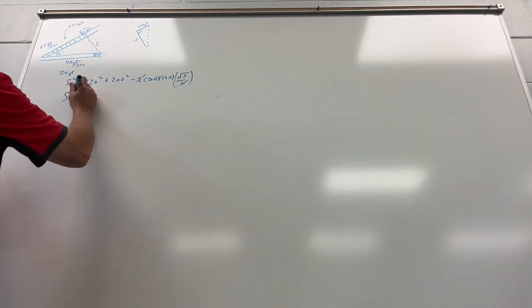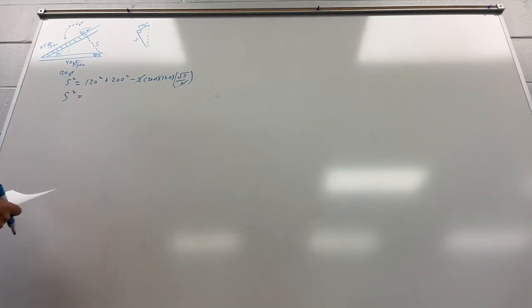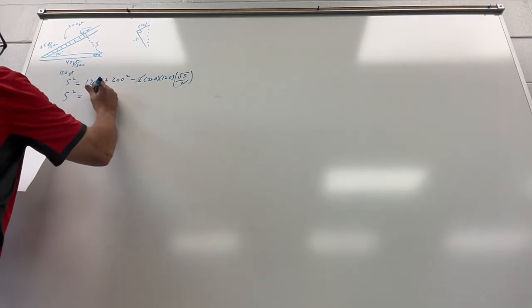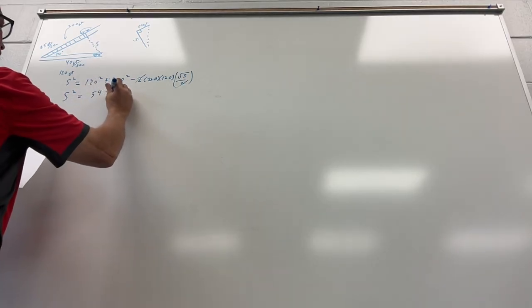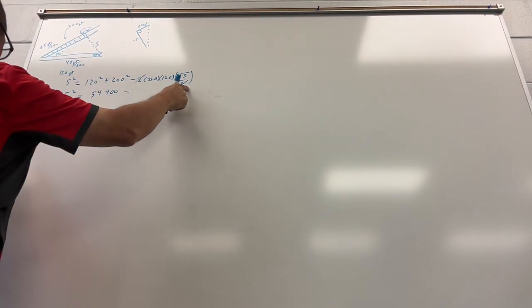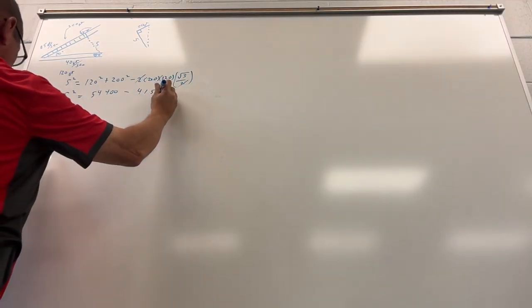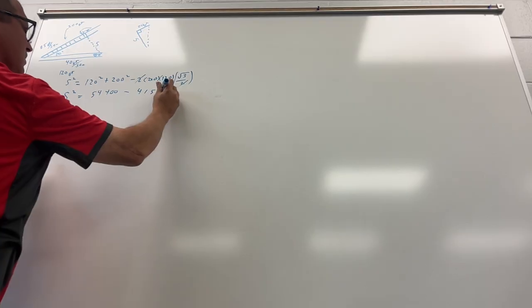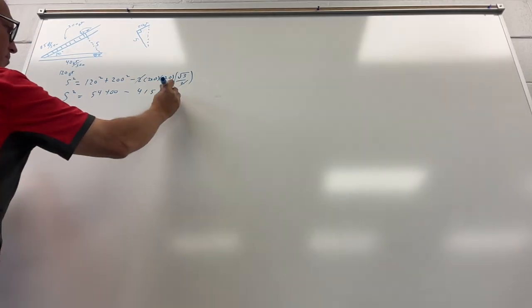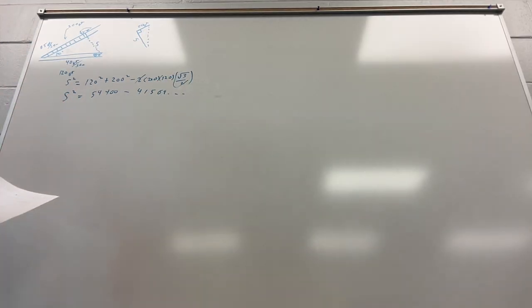So the arithmetic here: we add these two together and get 54,400, and the arithmetic leads us to 41,500 and something, with some decimals I did not write down.